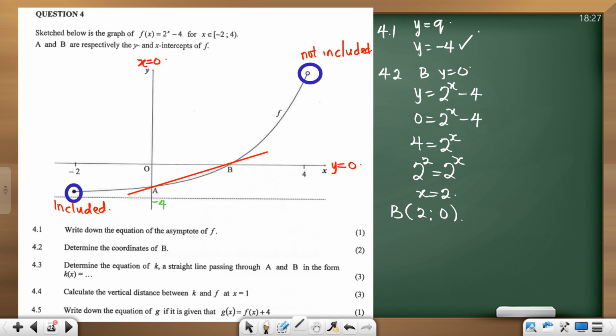Already, I know my B. Can I ask everyone to quickly get me A? Get me the coordinate of A, everybody. What do you see about A?